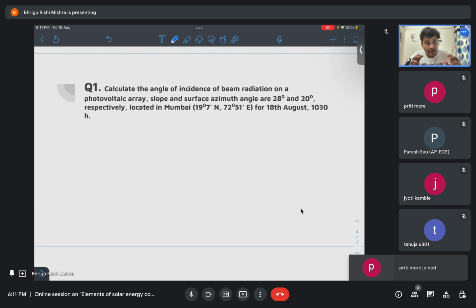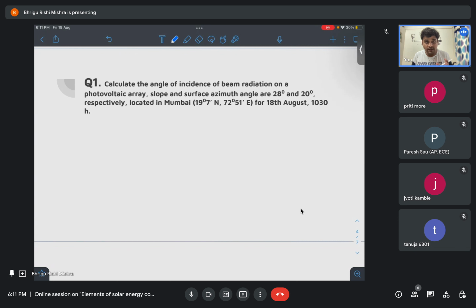That is why it is important to calculate the solar radiation incidence angle very accurately, either on the horizontal plane or on some collector which has some tilt angle. We will see later what should be the exact tilt angle, so that we can utilize the maximum amount of solar radiation. But for this we will just consider the angle of incidence, so that we can calculate the total radiation hitting our collector or the solar photovoltaic panels.